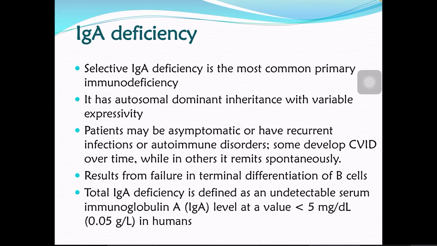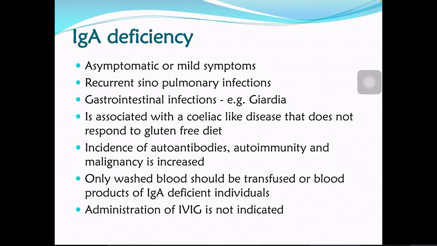Here the issue is the failure of the terminal differentiation of the B cells. So if you have a total IgA deficiency, your IgA levels can be as low as less than 5 milligrams per deciliter.